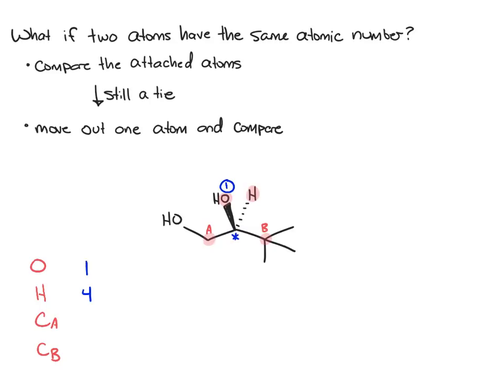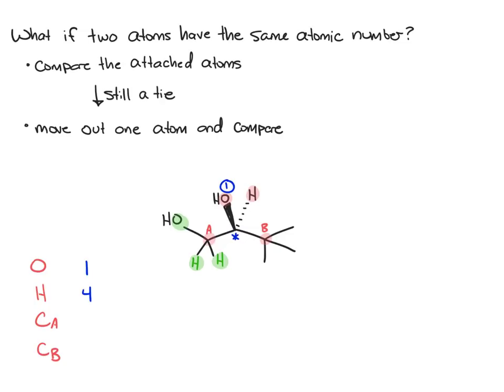On carbon A, if I draw everything in, I have those 2 hydrogens. So what's attached to carbon A? We have an oxygen, a hydrogen, and a hydrogen, in addition to the chiral center, but we don't really need to worry about it because it's also attached to carbon B, so it's not going to be something that will help us differentiate.